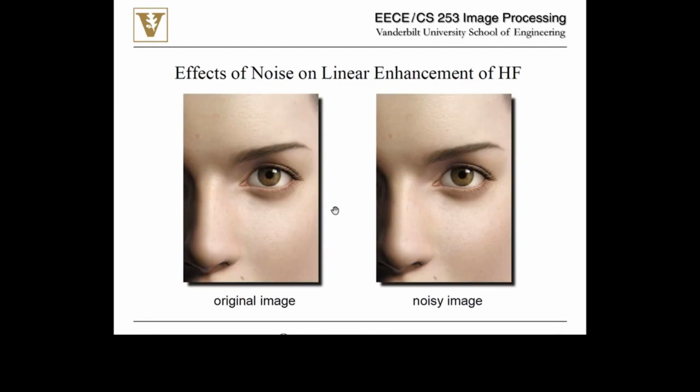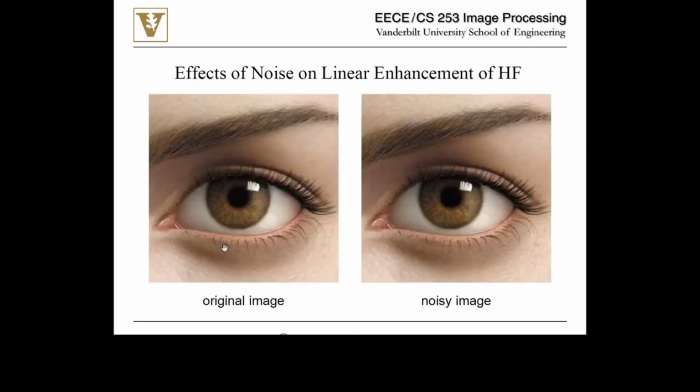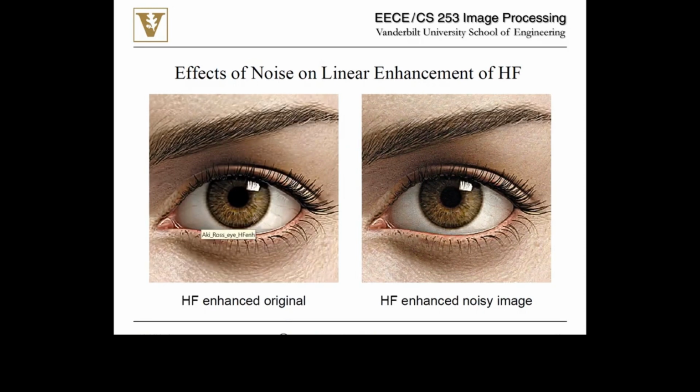Let's see what is the effect of this boosting when you have images with noise. This is your original image, this is your image with noise, and this is the sharpened original. This is the sharpened noisy image, and we can zoom. So this is the original image, this is the noisy one, and these are the sharpened ones.